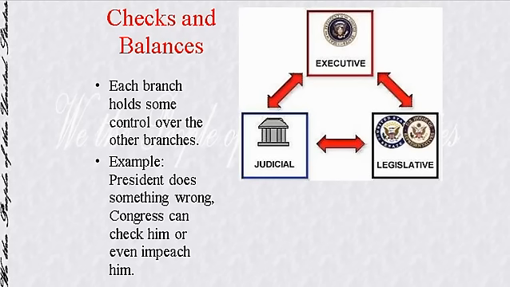Congress actually has the power to put the president on trial to decide if the president should be the president anymore. So the branches watch over each other and make sure the other branches aren't doing anything wrong. If they are, each of the branches has certain powers to stop the other branches.